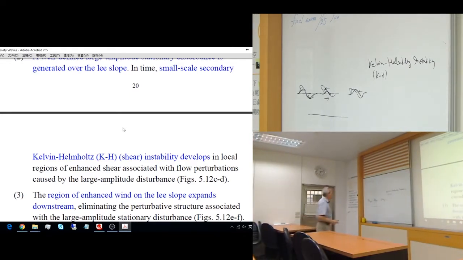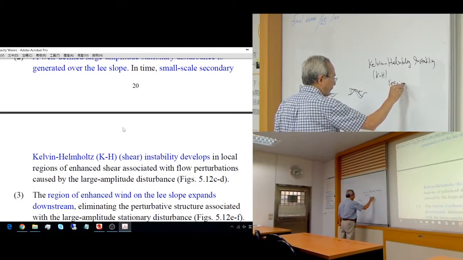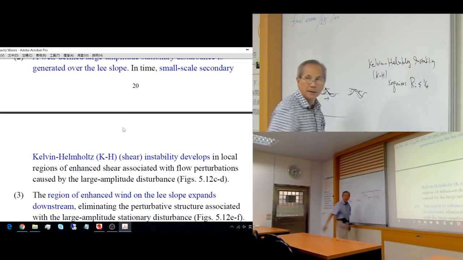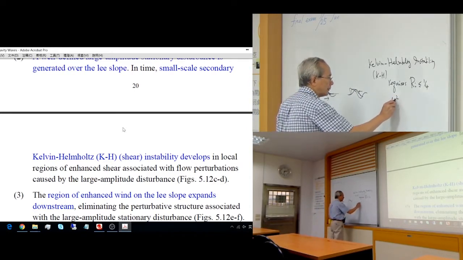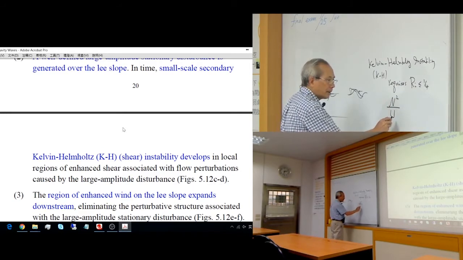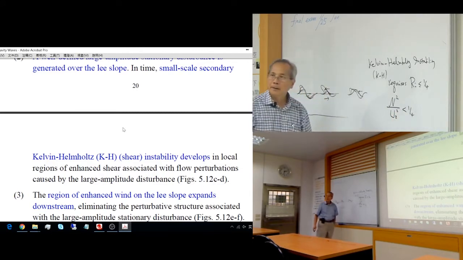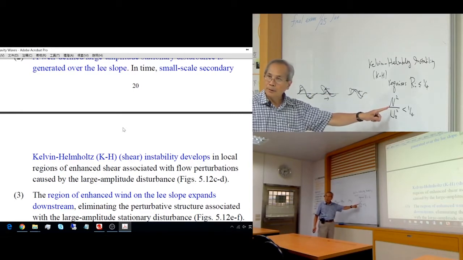So this requires the Richardson number to be less than a quarter. What is the Richardson number defined as? N squared over U_z squared, less than a quarter. So you require this to be very small.